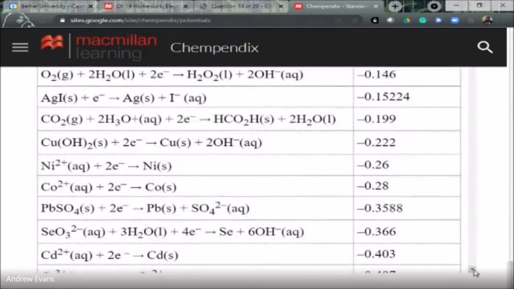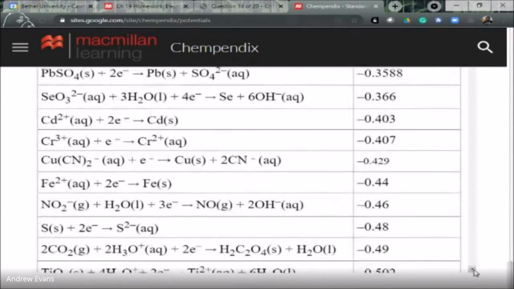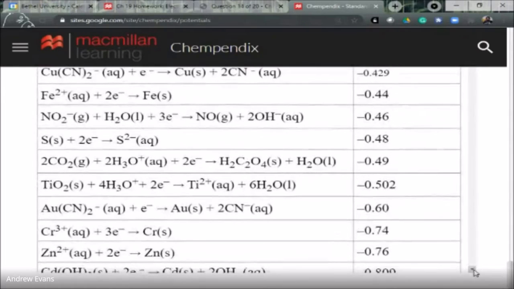Okay, there's nickel. Nickel is written as negative 0.26 volts. So zinc is the guy who gets oxidized. And so it's going to be minus the zinc. That's negative 0.76.